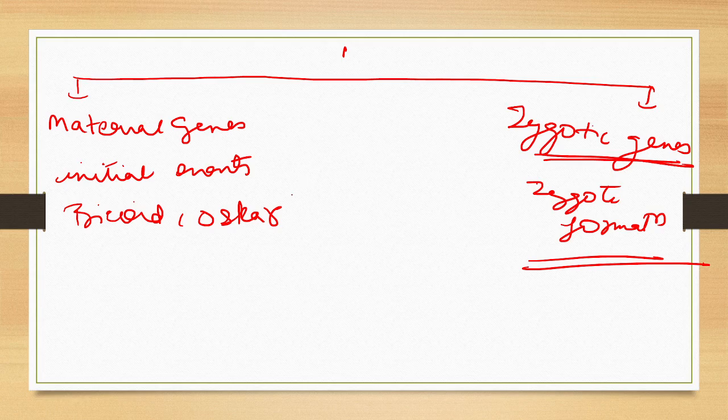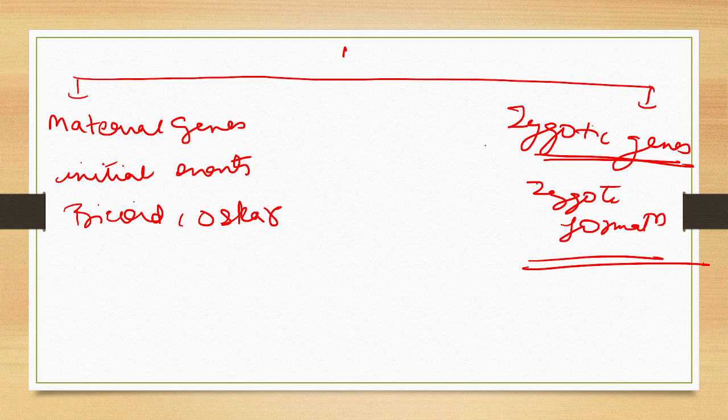Before the fertilization, only maternal genes are expressed. After fertilization, zygotic genes are expressed. As the name suggests, maternal genes are the genes which are present in the oocyte, in the egg, and zygotic genes are the genes which are present only after the fertilization has taken place. That means they are not just coming from the maternal side, they are zygotic genes.